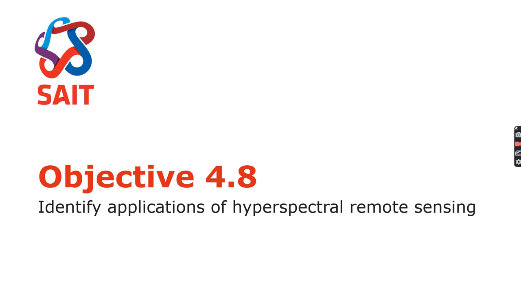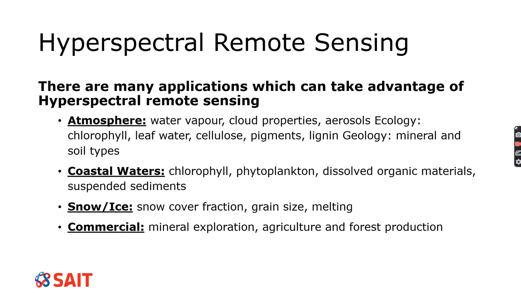So objective 4.8, which is our last one, is identify applications with hyperspectral. So I just put together like a little summary of the different kinds of applications, just because you can go on and on and on. There's so much you can do with this as well, because if you're trying to identify materials, then you use hyperspectral remote sensing. So we can look at the atmosphere, so we look at water vapors, we can look at cloud properties and aerosols, and then ecology should be its own thing, so I'm going to make sure I fix that before I put this up onto the webpage.